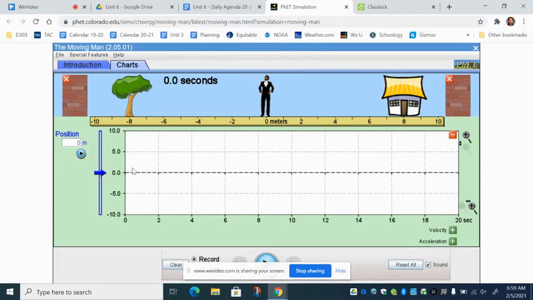Positive means up, so to get it to go up, we need to move him away from the starting point. And constant means we want a nice straight line, so we want the moving man to go at the same rate. So I'm gonna hit play, and then I'm gonna move him in that direction, to the right.